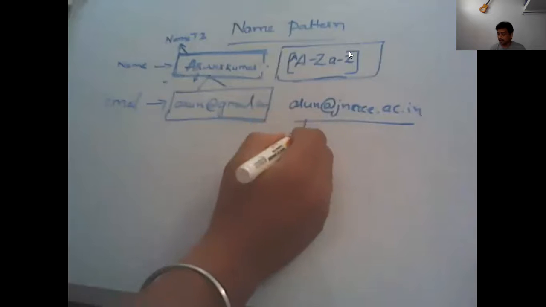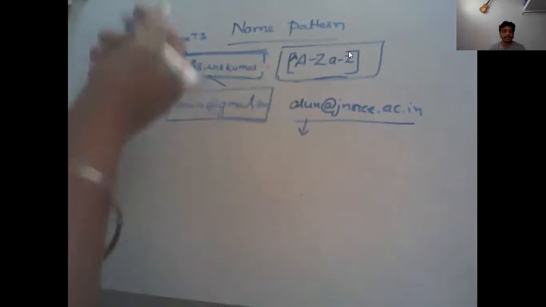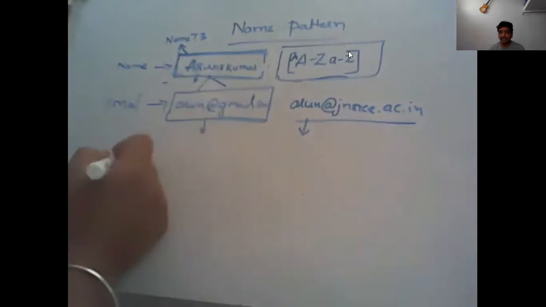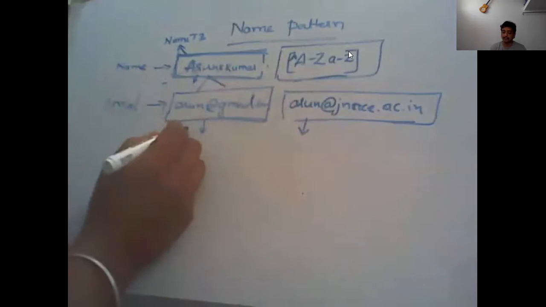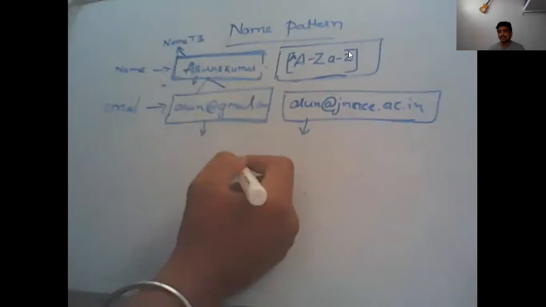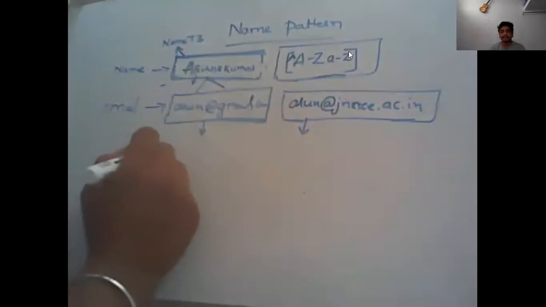I want to check this pattern. The pattern needs to be checked. How can you write a pattern for this? Because when you go for a generalized one, it is more complex. So I took this as a little bit simpler. Once you understand this, later we can go for the complex one. So let's check this pattern for the mail IDs of students or staff of JNNC.